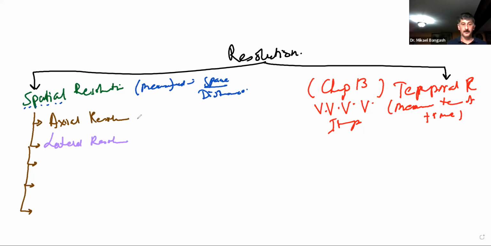Clear? So these are mainly the two resolutions that we talk about here in chapter 10. Then there is another resolution, which is still considered a spatial resolution, and we may call that one the elevational resolution.